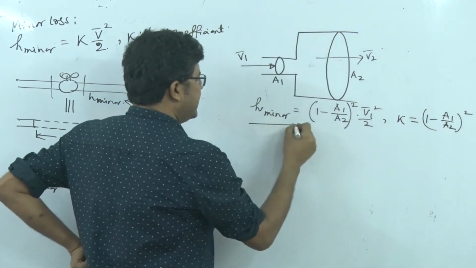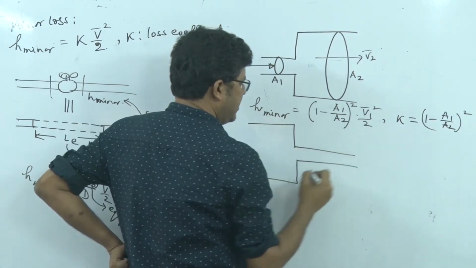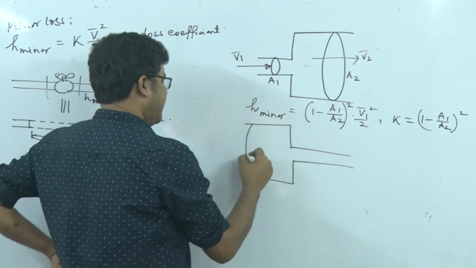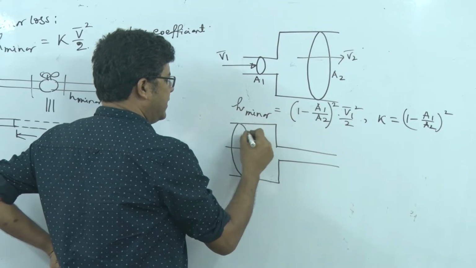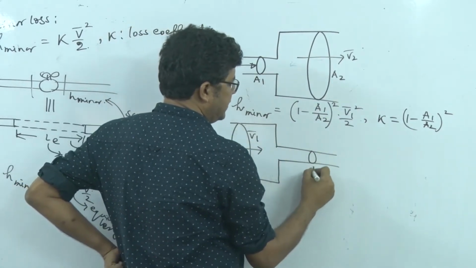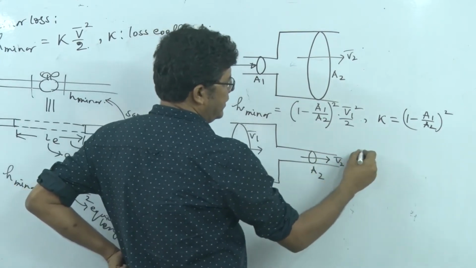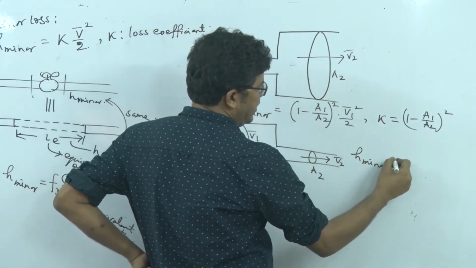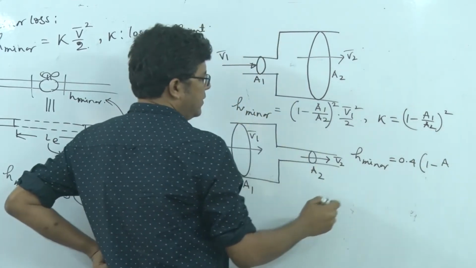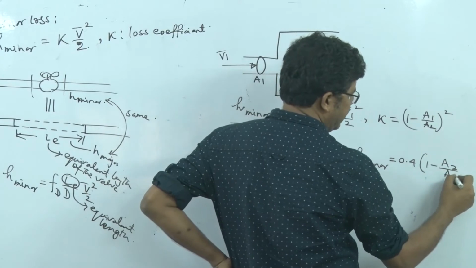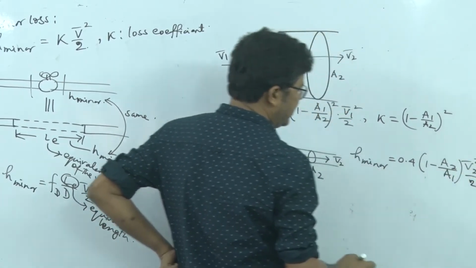On the other hand, if I have a sudden contraction, this area is A1 and the velocity is V1 bar, this area is A2 and the velocity is V2 bar. In this case the minor head loss is 0.4 into 1 minus the smaller cross section divided by the larger cross section, and the velocity head will always be in the smaller cross section.